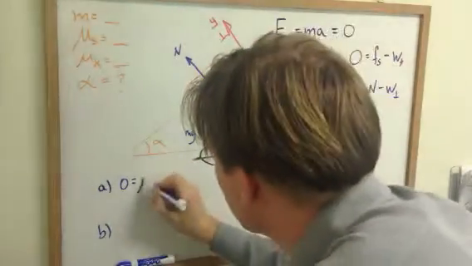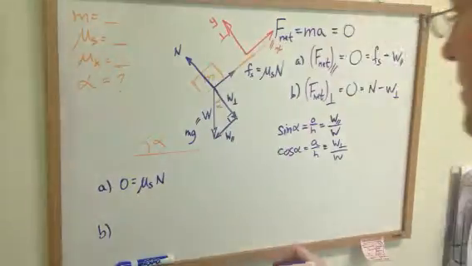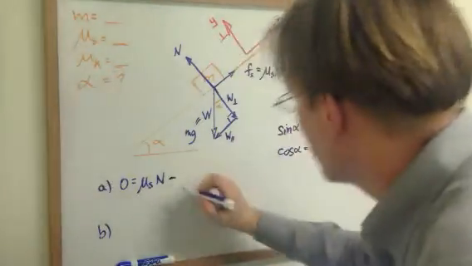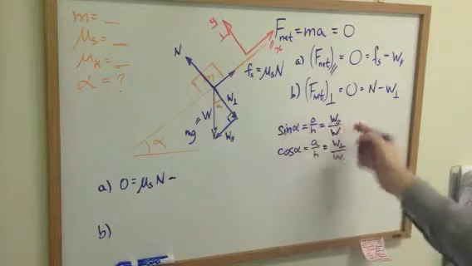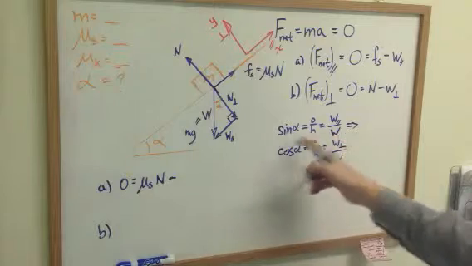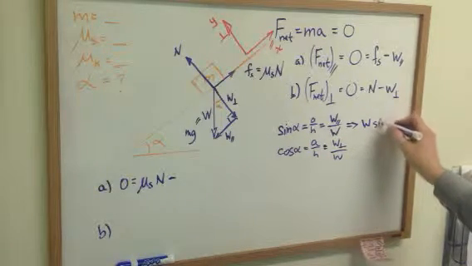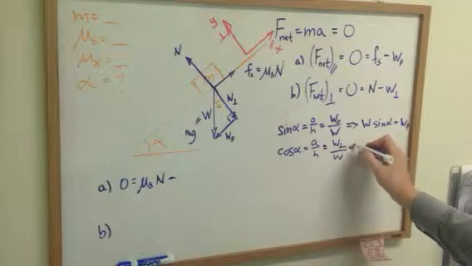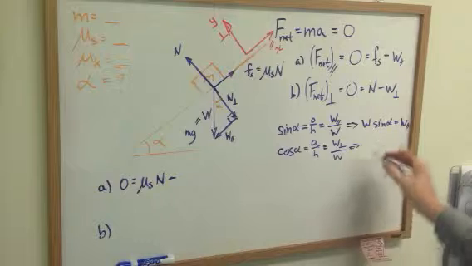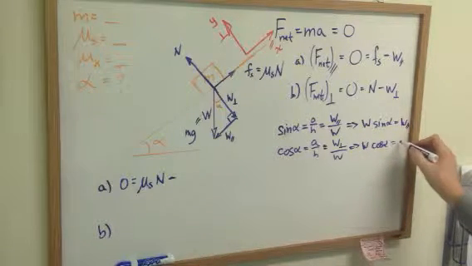The friction force is this mu times n minus the parallel weight. You can multiply left and right here by the weight, and you can say the weight sine alpha is equal to the parallel weight. And here you can multiply left and right by weight, and you can say weight cos alpha is equal to the perpendicular weight.